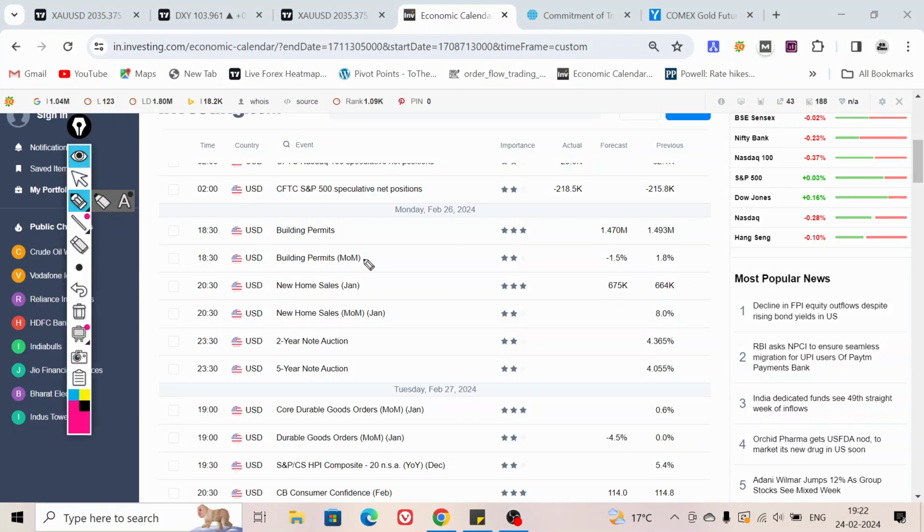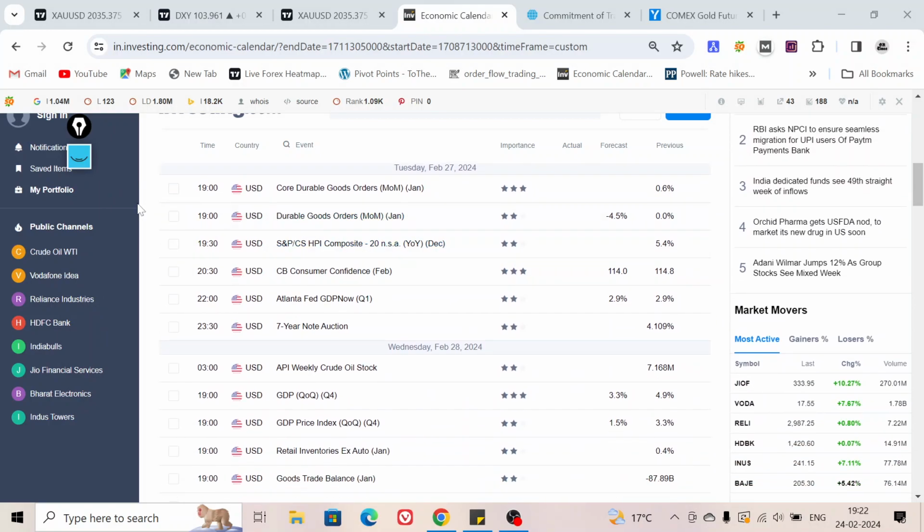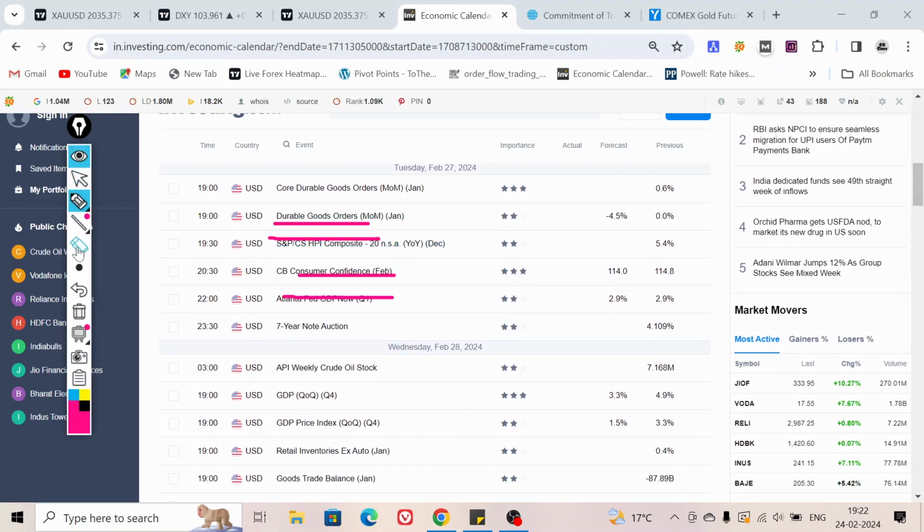On Monday we have the building permits, and also we have new home sales data. Next, on Tuesday, we have core durable goods orders, then CB consumer confidence, and the most important data for next week is the GDP data, that is on Wednesday.